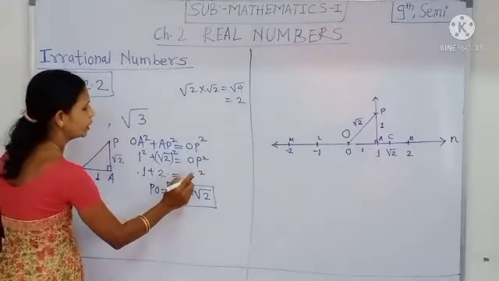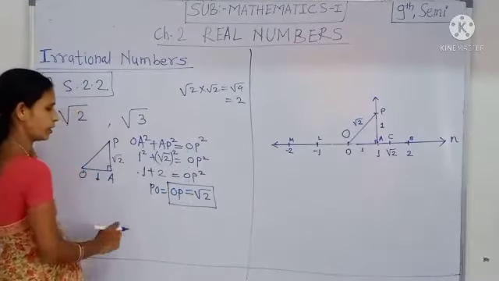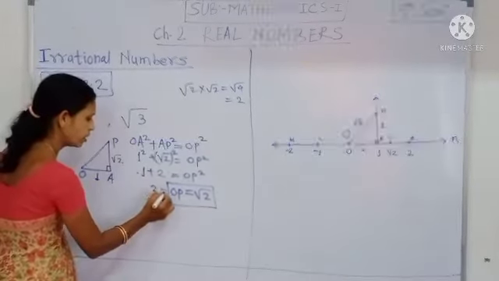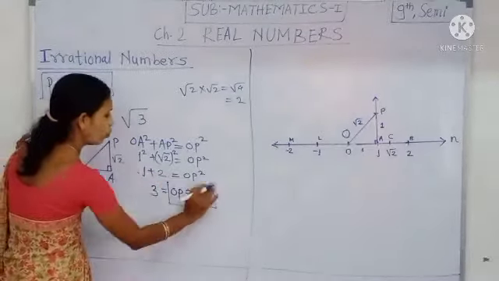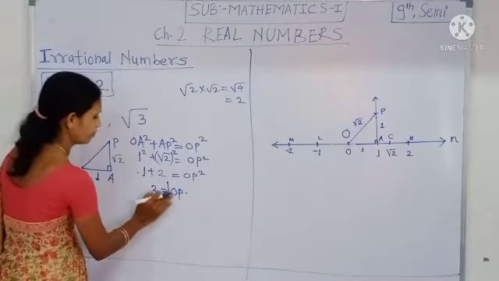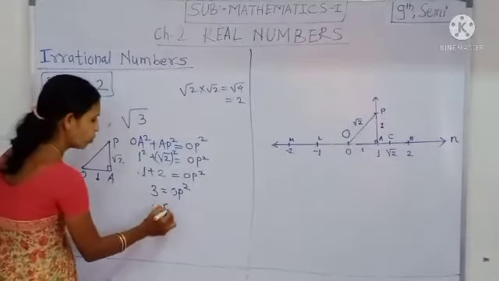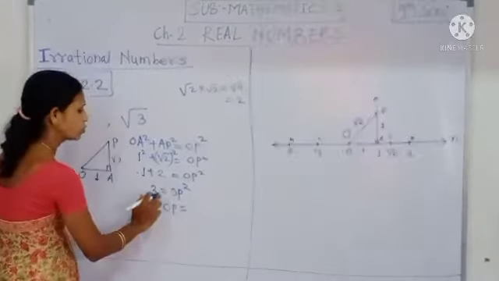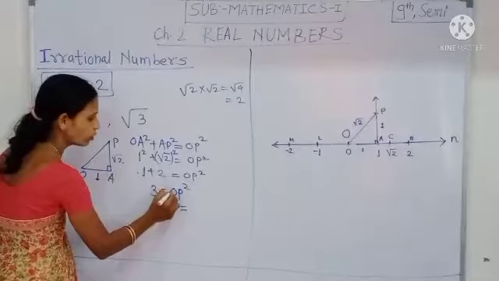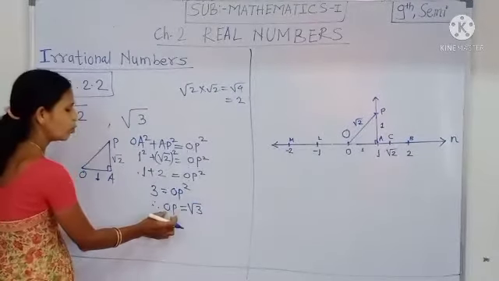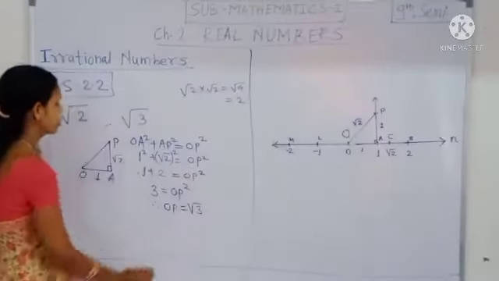Therefore 1 plus 2, that is 3, is equal to OP square. Therefore OP square is 3. Taking the square root of both sides, OP is equal to root 3. That means the OP value is root 3.